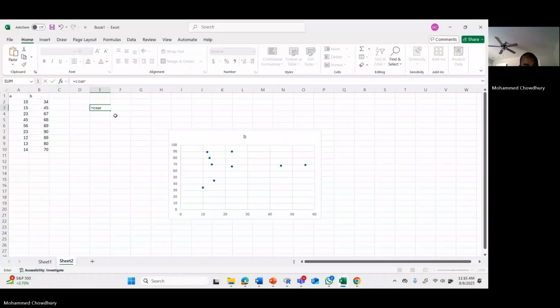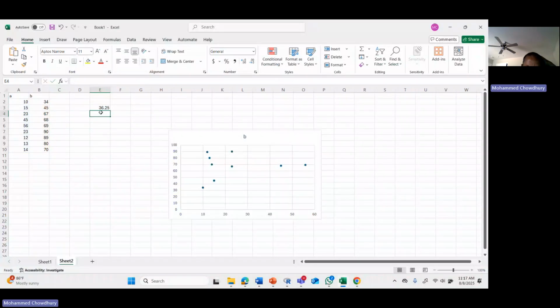So for covariance, I have to come in here like this, and then I have to come in here like that, and like this. Array 1, then array 2. Here is the covariance.